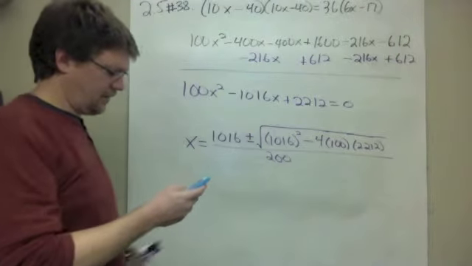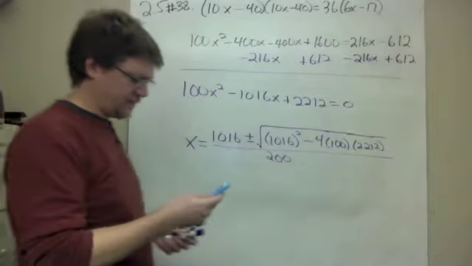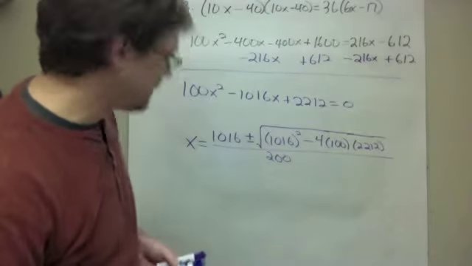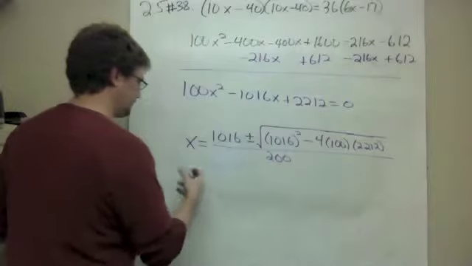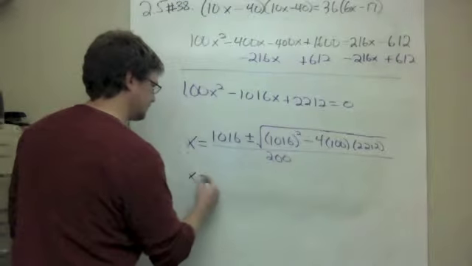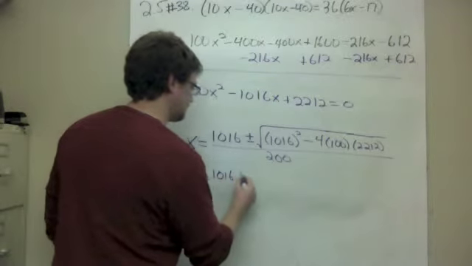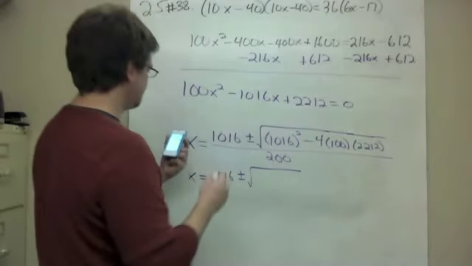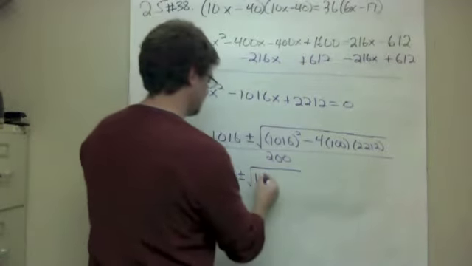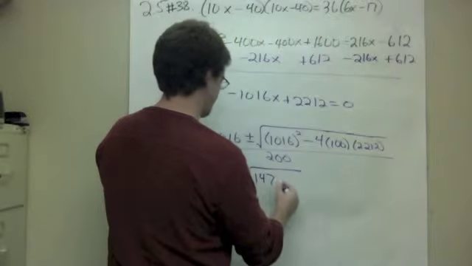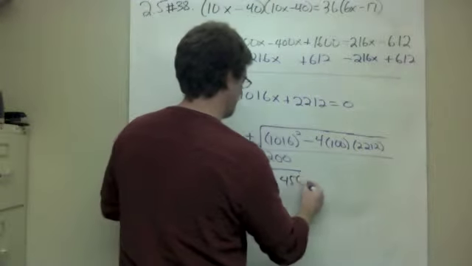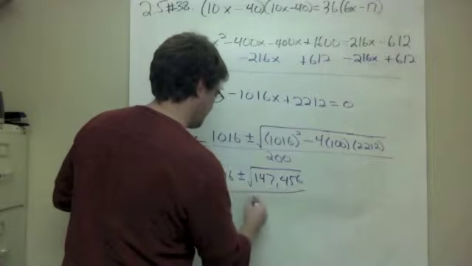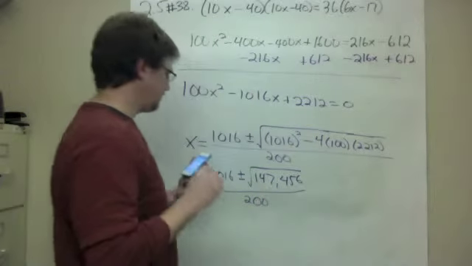That comes out to be the square root of 147,456, all over 200. Okay.